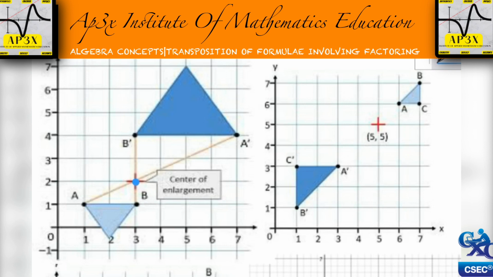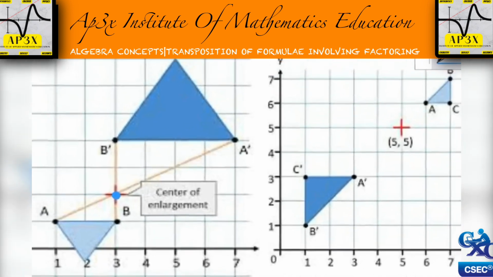All right, it's a little bit easier than that of rotation, because in rotation we spoke about bisecting these intersecting lines. So it's a little bit easier to find the center of enlargement than it is to find the center of rotation. So definitely check out the rotation video on that.